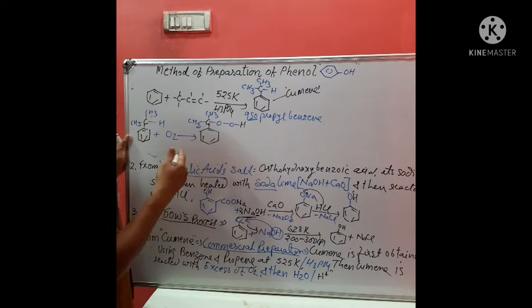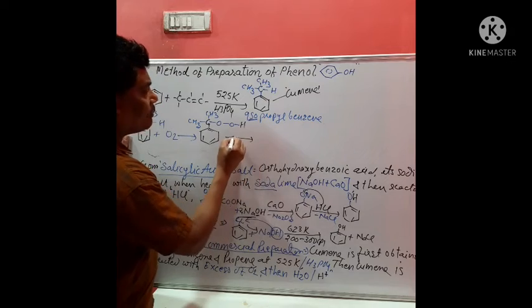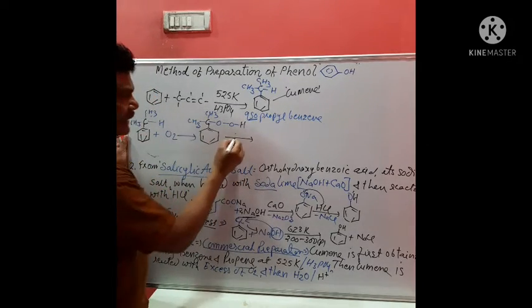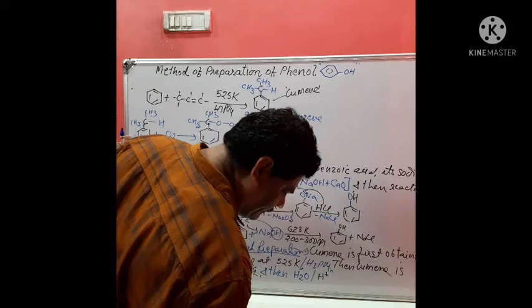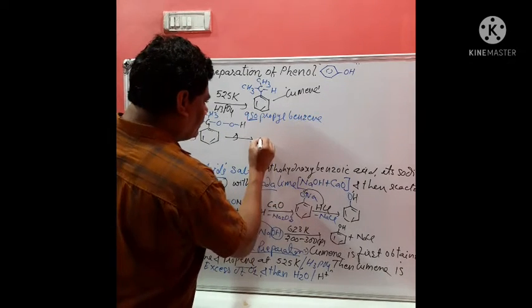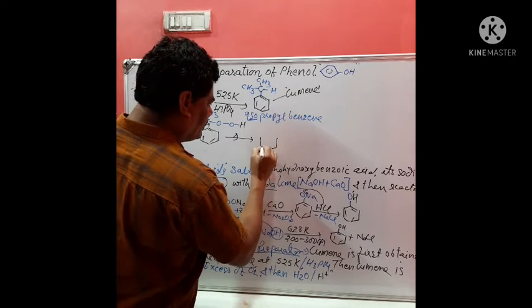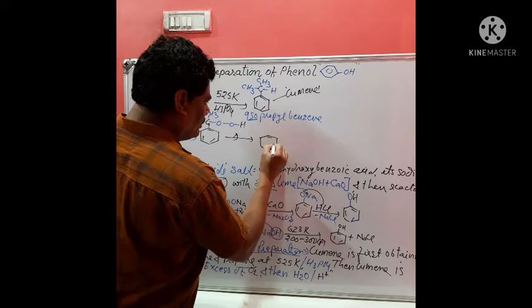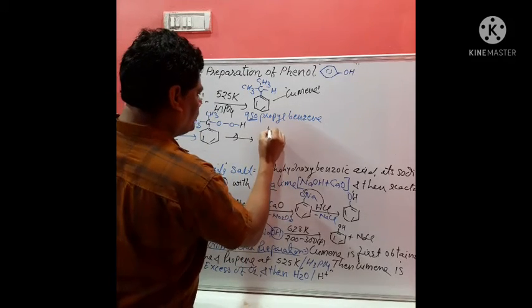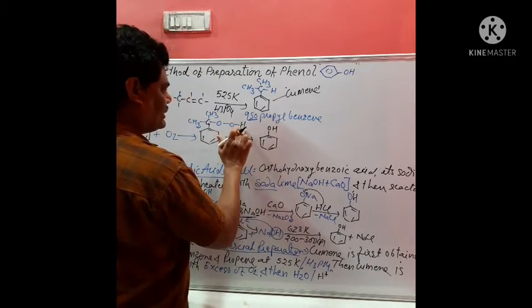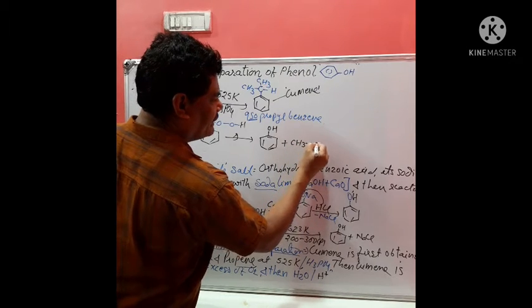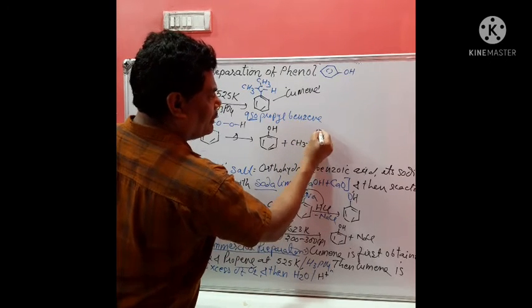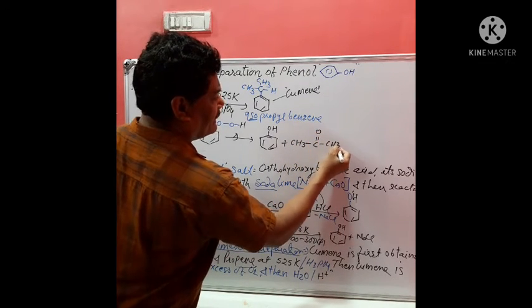But you know, the peroxide compounds are highly unstable. So when the compound is heated, that is hydrolysis, it converts into phenol, that is OH, plus one more compound, CH3, C, double bond O, and CH3.